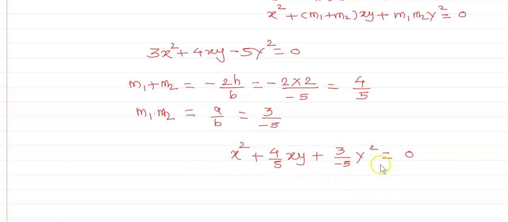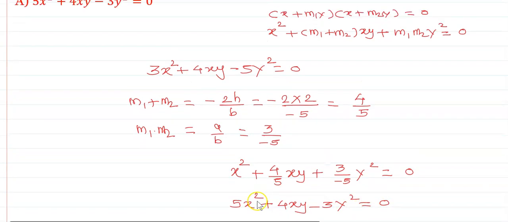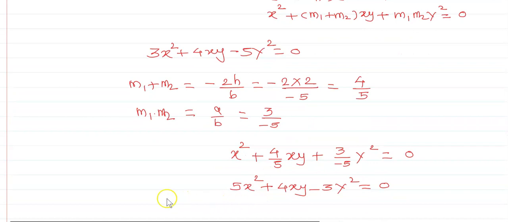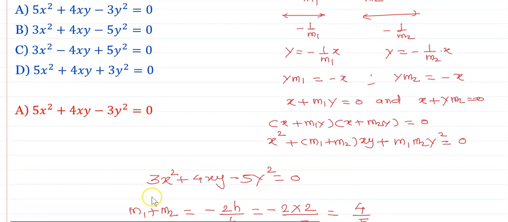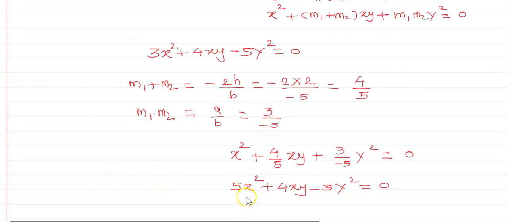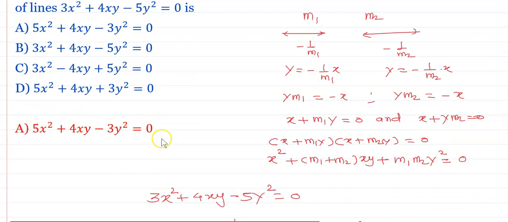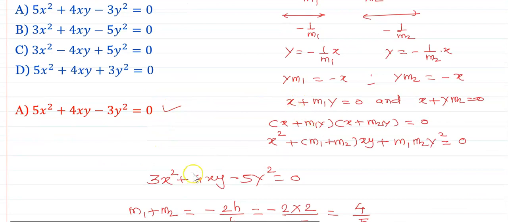Now multiply the whole equation by 5, then you will get 5x square plus 4xy minus 3y square is equals to 0, and hence the option A is the correct one. That is 5x square plus 4xy minus 3y square is equals to 0. You will have to do this faster.